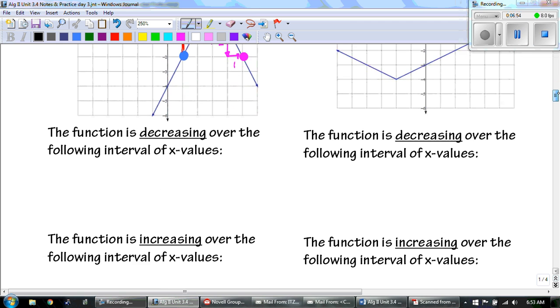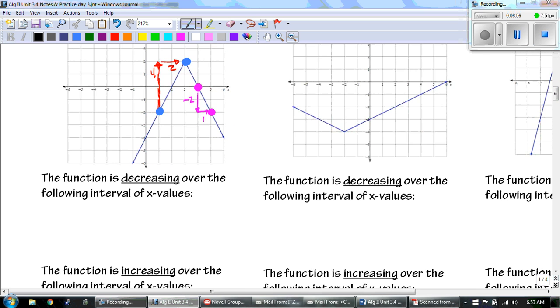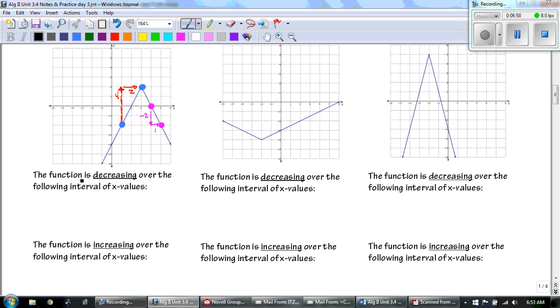Because the next part is asking us, let me zoom out a little bit, the function is decreasing over the intervals. So where does our graph start decreasing or going down? Well, it starts decreasing at 3. So when x is 3, it starts decreasing all the way to positive infinity.